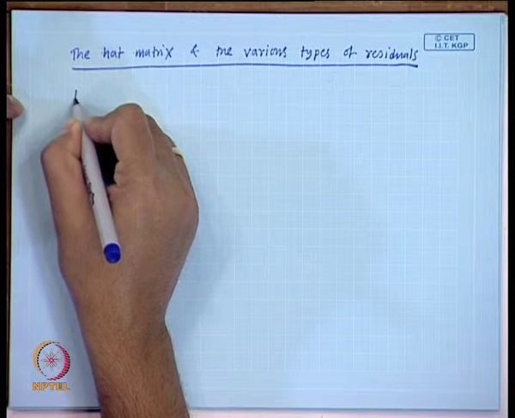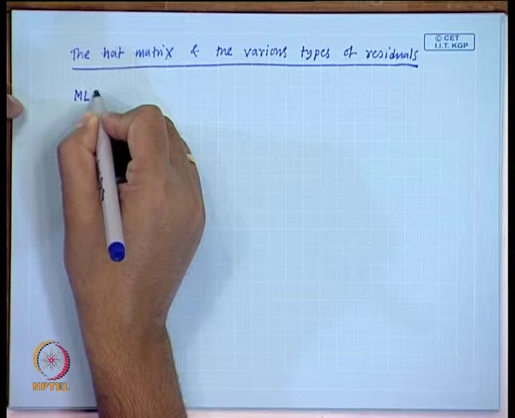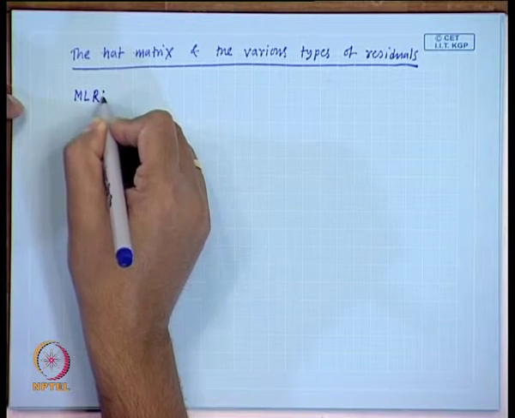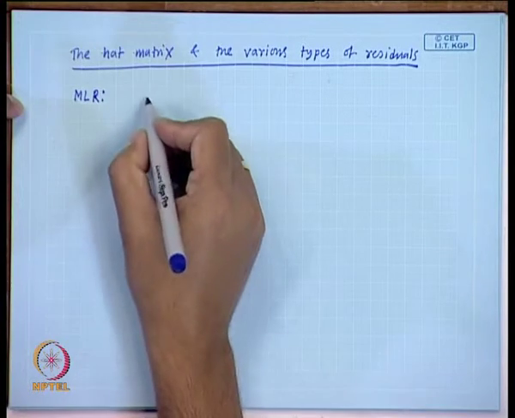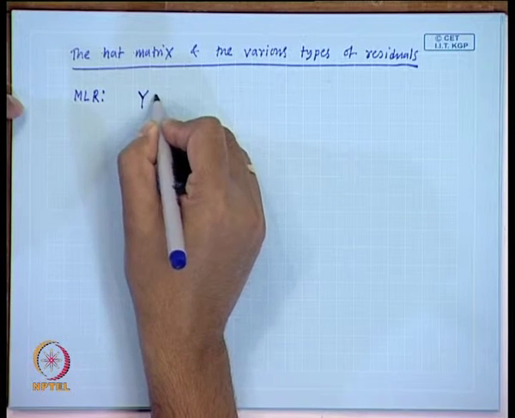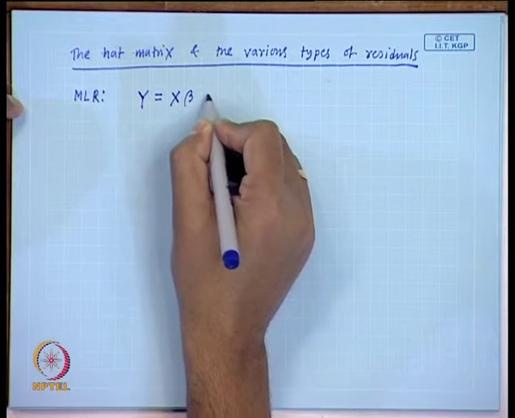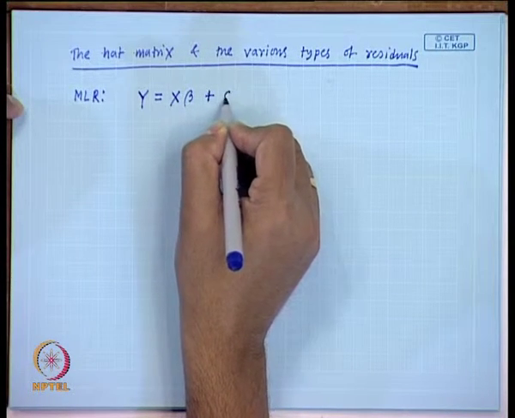Let me just recall the multiple linear regression model. In matrix form, we write this as y equal to X beta plus epsilon.